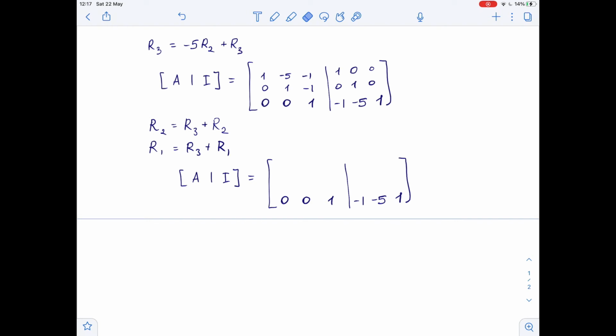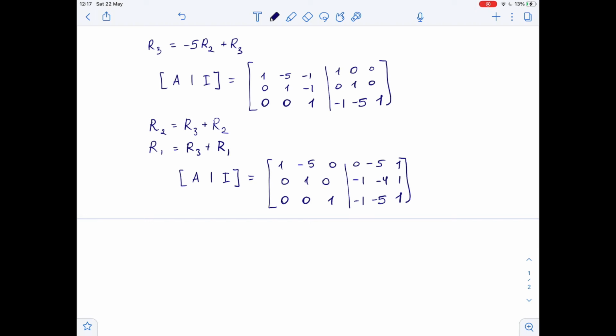So instead of row 1, we will have 1, negative 5, 0, 0, negative 5, 1. Instead of row 2, we will have 1, 0, 1, negative 1, negative 4, 1.